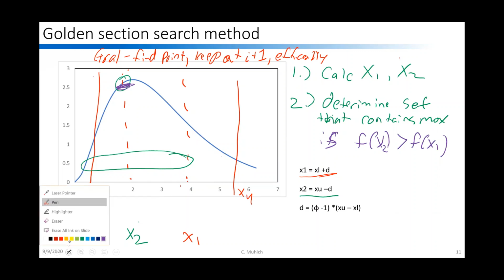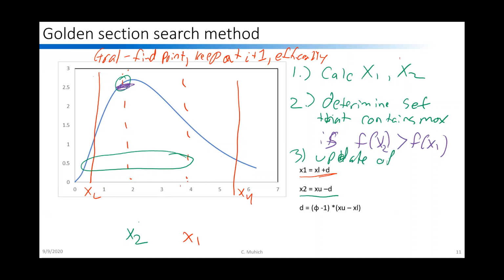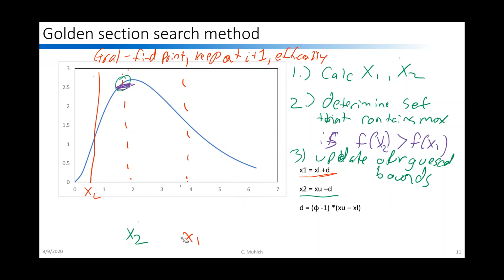Let me switch back to green. What this means is we're going to get rid of this xu, and that x1 becomes our x upper bound.